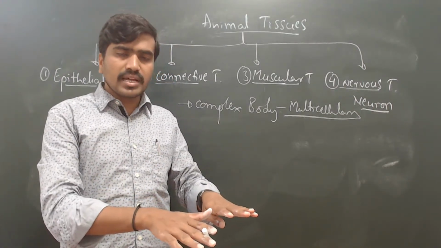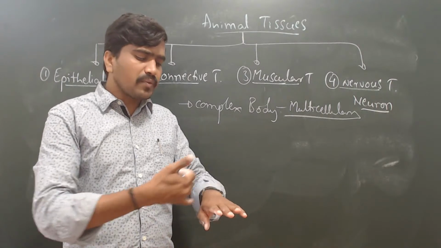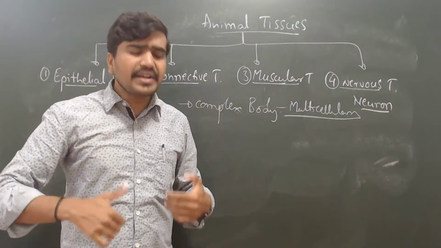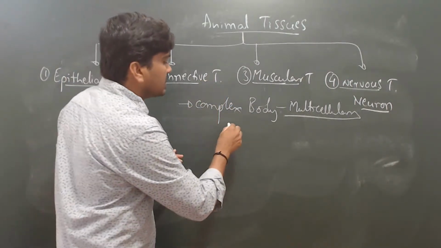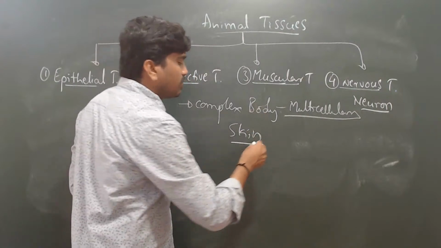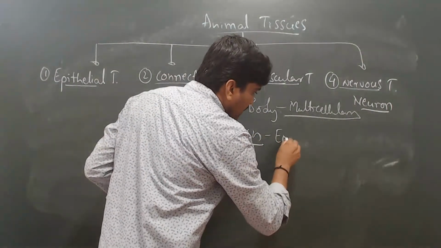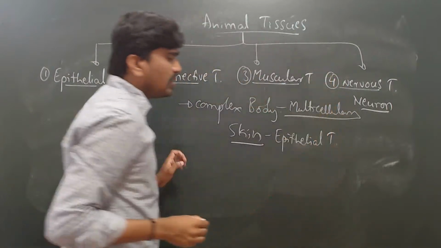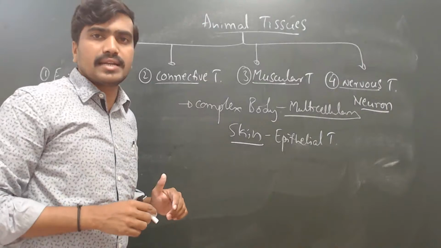What we see as the outer layer of our body, the first part we see, is only skin. Our complete body is covered by skin, which means this skin also contains epithelial tissue.